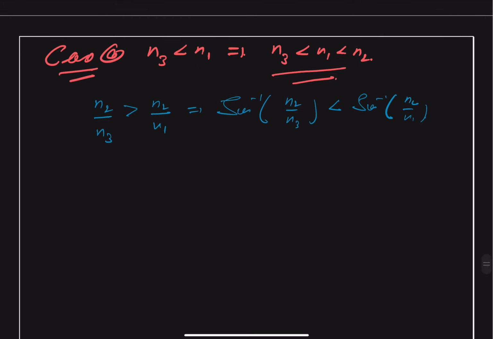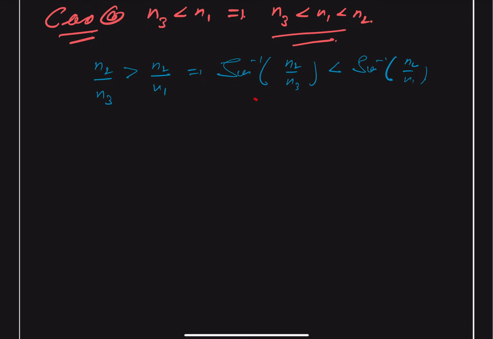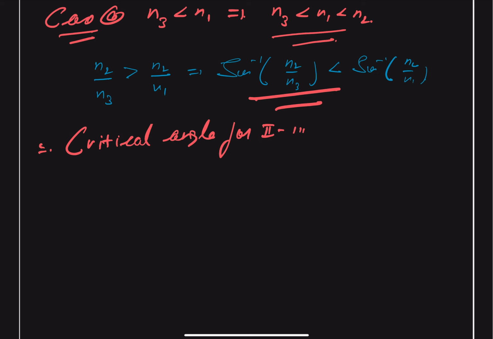So here we can make an interpretation of this result, which states that the critical angle, because total internal reflection is always dependent upon this critical angle, so we can say the critical angle for the second and third interface is less than the critical angle for the second and first interface.